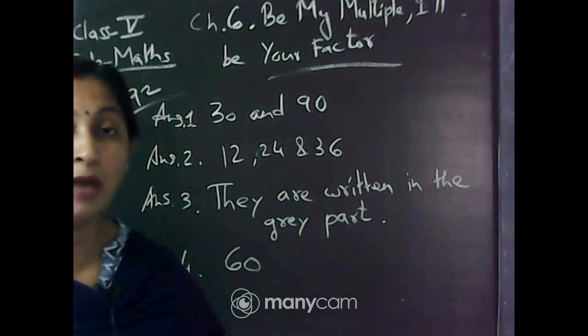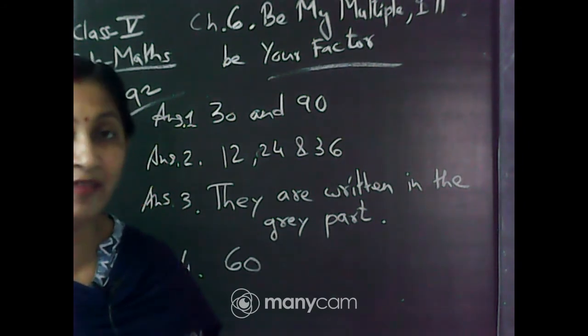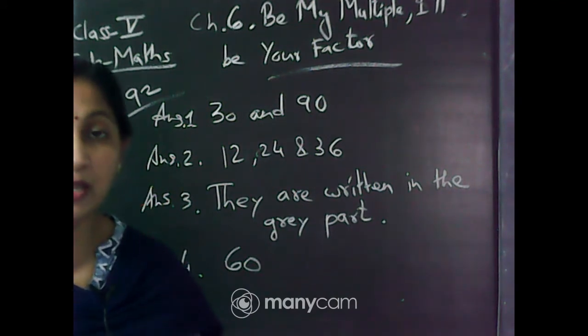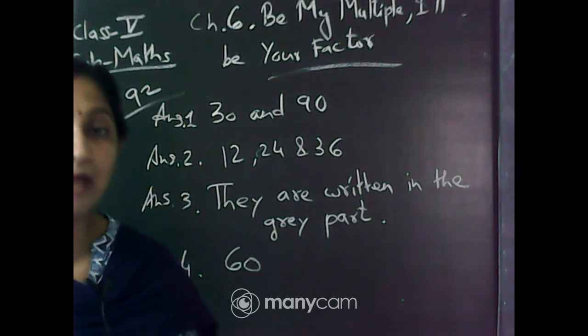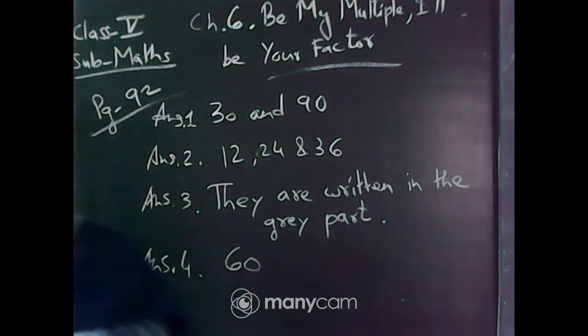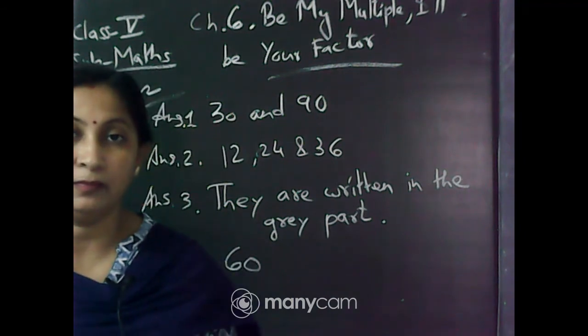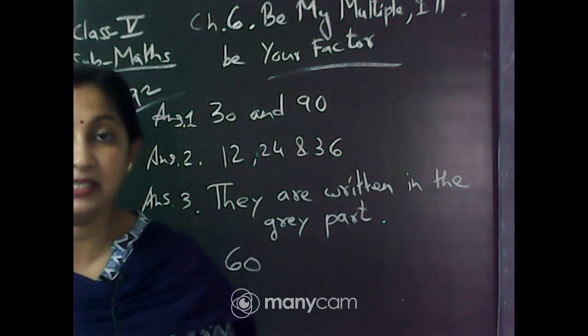Why 1? Because in all the cases 1 is left. If she makes groups of 4, then 1 is left. If she makes groups of 5, then 1 is left. And if she makes groups of 6, then 1 tamarind seed is left over. That's why it will be 60 plus 1, that is 61. Understood?